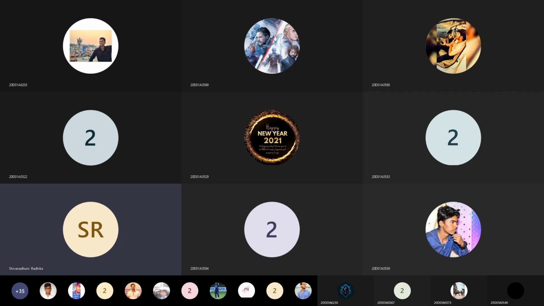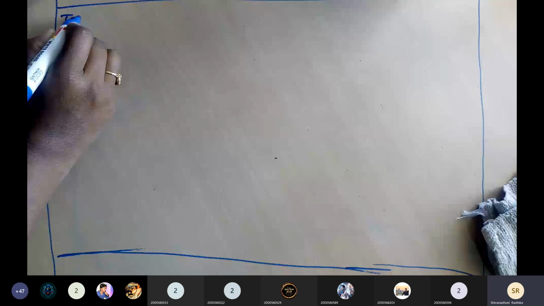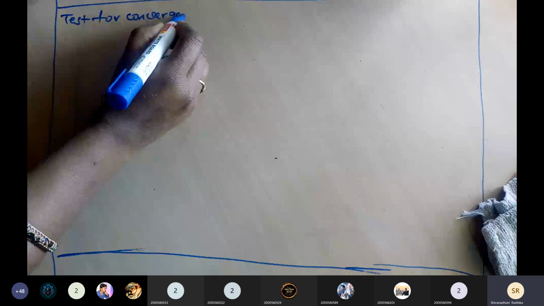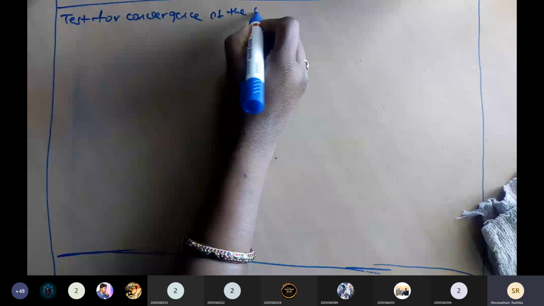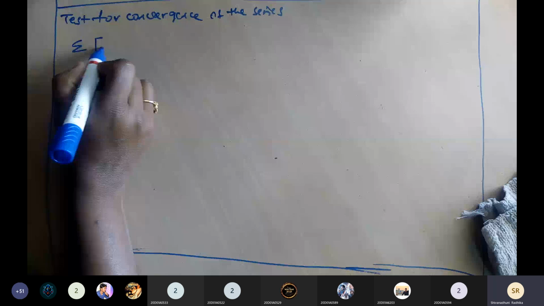Test for convergence. Is it clear? Test for convergence of the series summation under root of n plus 1 minus root n.